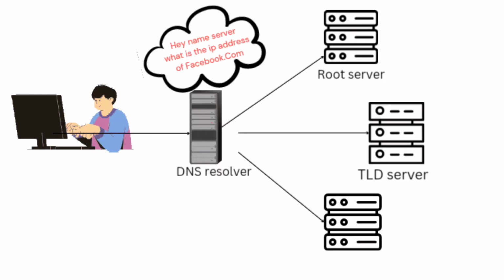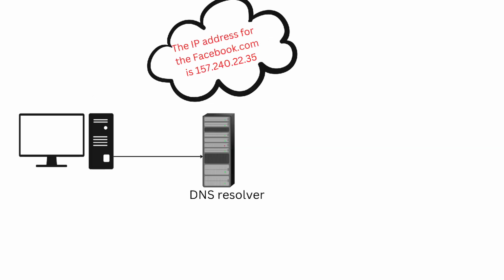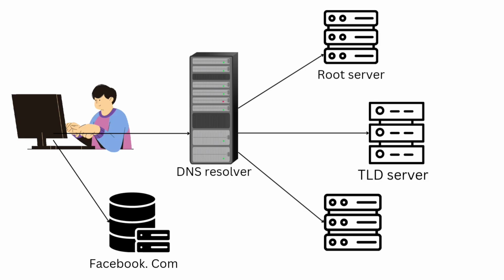They are the final authority. So when the authoritative name server receives the query from the resolver, the name server will respond with the IP address for facebook.com, and finally the resolver will tell your computer the IP address for facebook.com, and then your computer can now retrieve the Facebook web page.